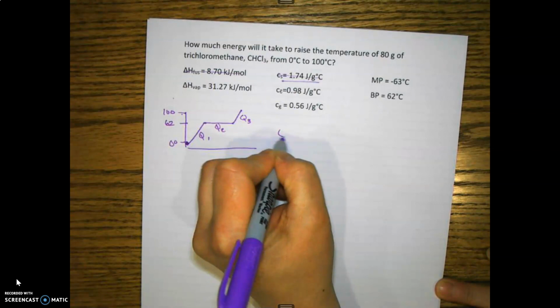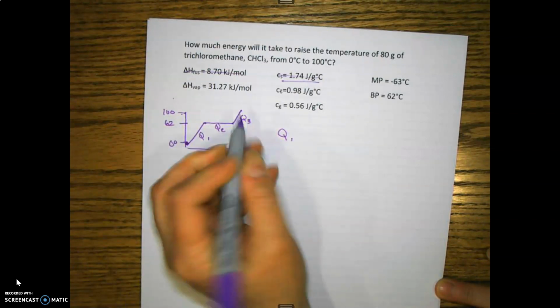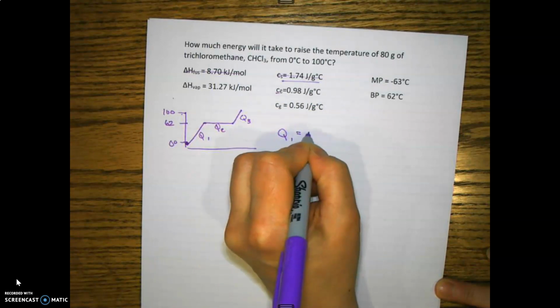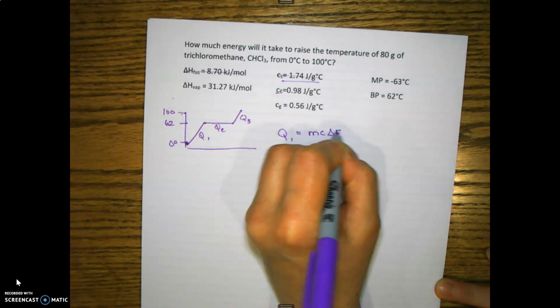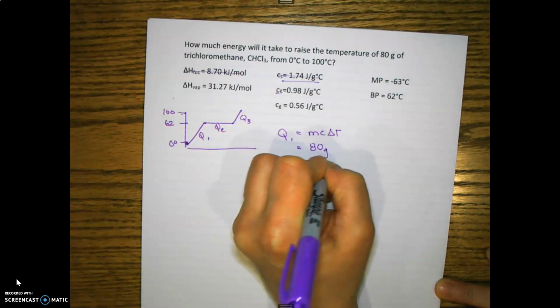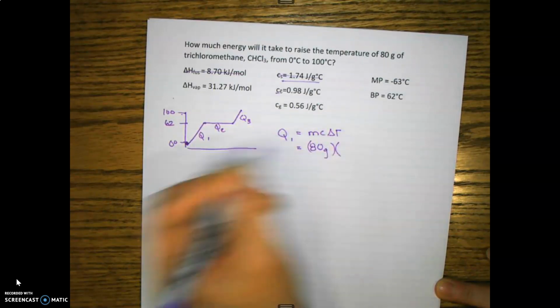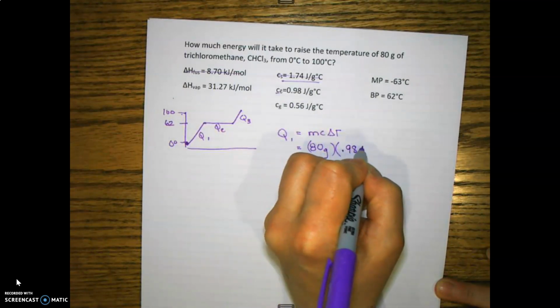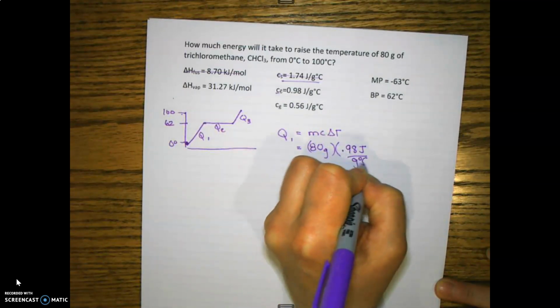Okay, so for Q1, what am I doing? I'm increasing the temperature of the liquid, so I have to use the specific heat of the liquid. MC delta T is going to be 80 grams times the specific heat, which is 0.98 joules per gram degree Celsius.